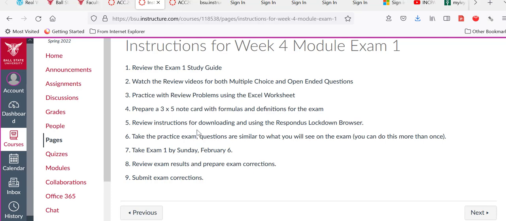The fifth item here is review the instructions for downloading and using the Respondus lockdown browser. If you haven't used it yet, you'll need to look at that document. It has some links in it that you can go to the website where you download the Respondus browser.